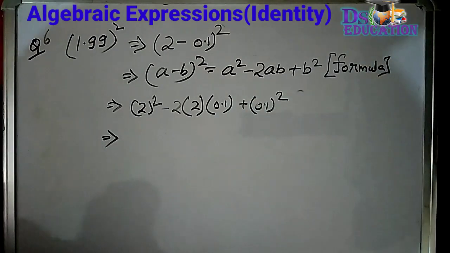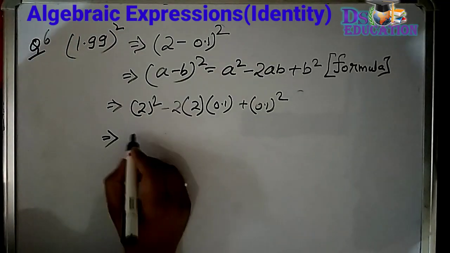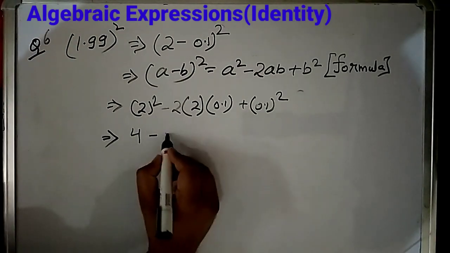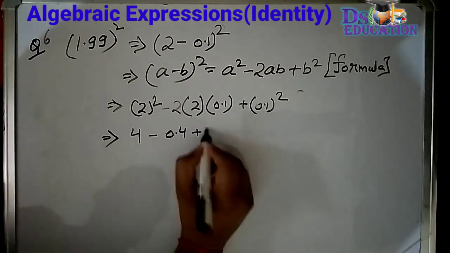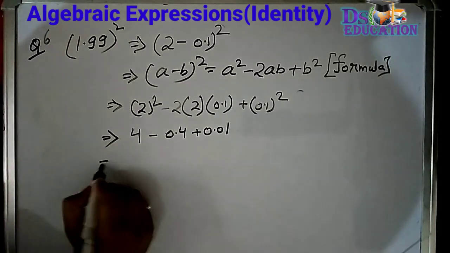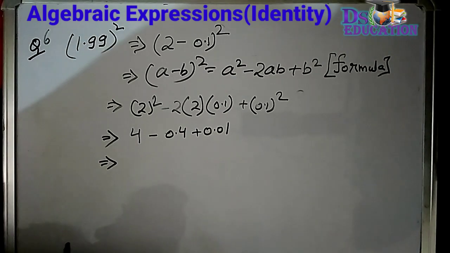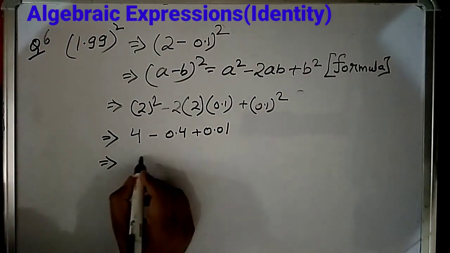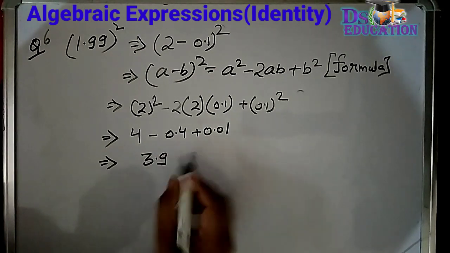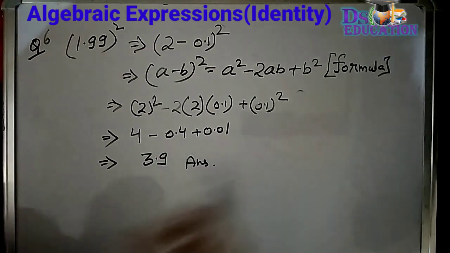Clear? Now when you move further, it will become 4 minus 0.4 plus 0.01. Solving it further, it will give you a total answer of 3.9, and this will be your answer.